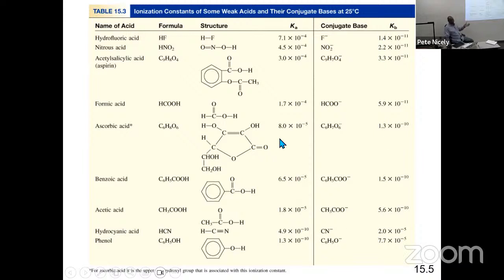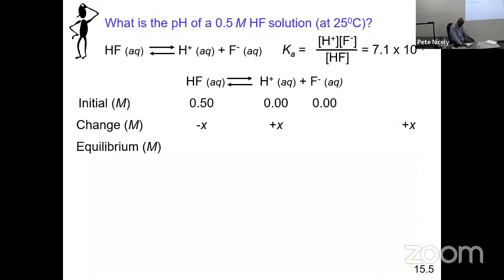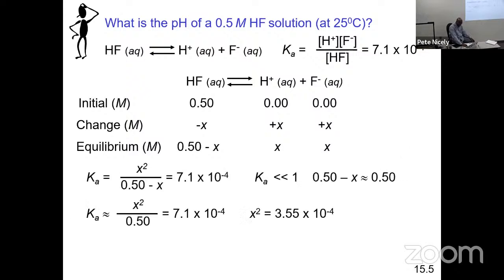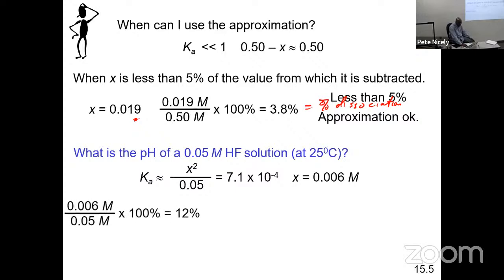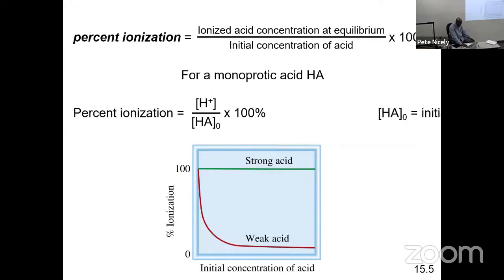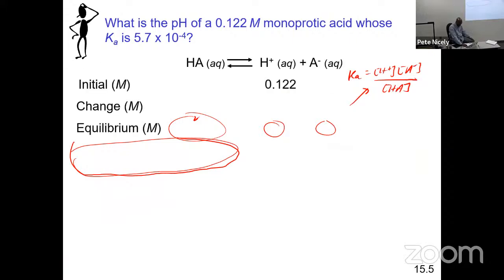So basically what we're saying here is that the weaker the acid, the stronger the conjugate base, and vice versa. So that's the inverse relationship between the acid and the conjugate base. And the same thing is true as far as the relationship between the base and its conjugate acid, which is what the other table demonstrates.